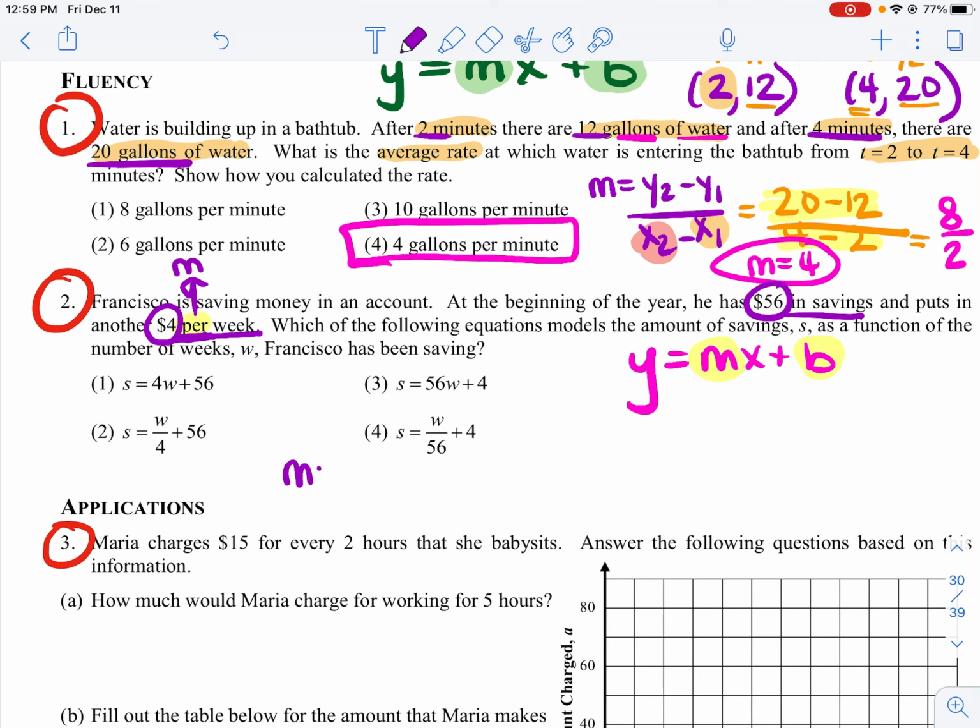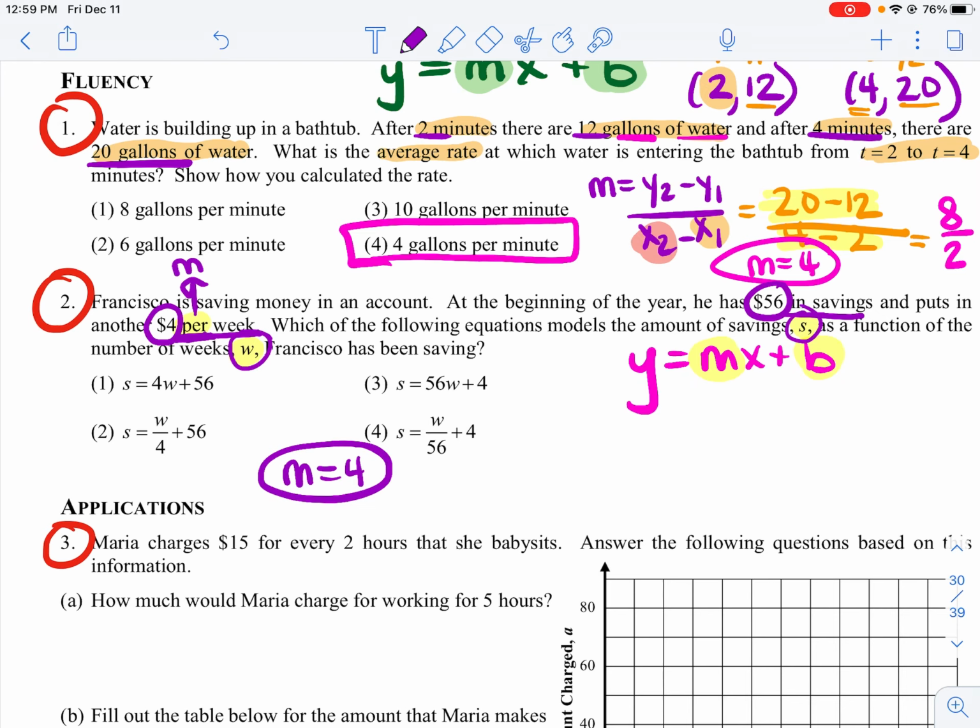So here, every week, he's not just putting in $4 one time. 1 week goes by, $4. Another week goes by, $4, right, my friends? Okay. Which of the following equations models the savings S as a function of weeks? So when they give us variables like S and W, we have to put those in.